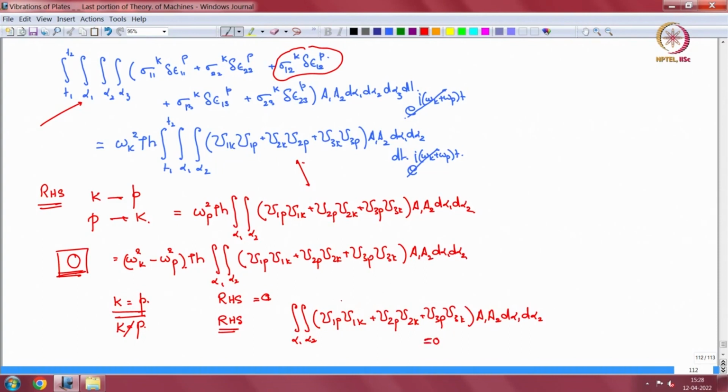So this is the orthogonality. When p and k are not equal, the orthogonality of the mode shapes is given by this condition. So that's the idea.